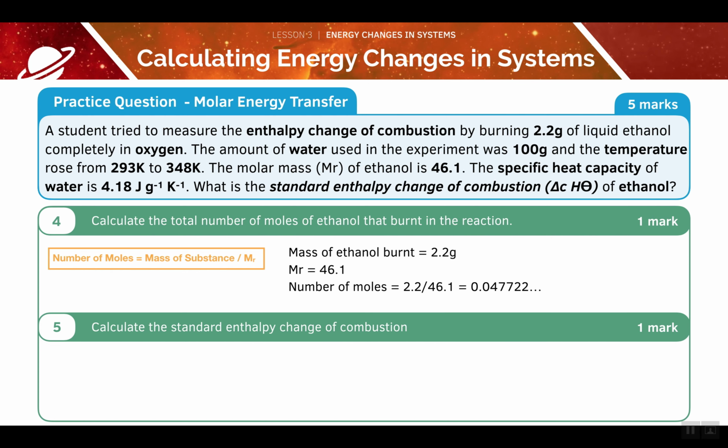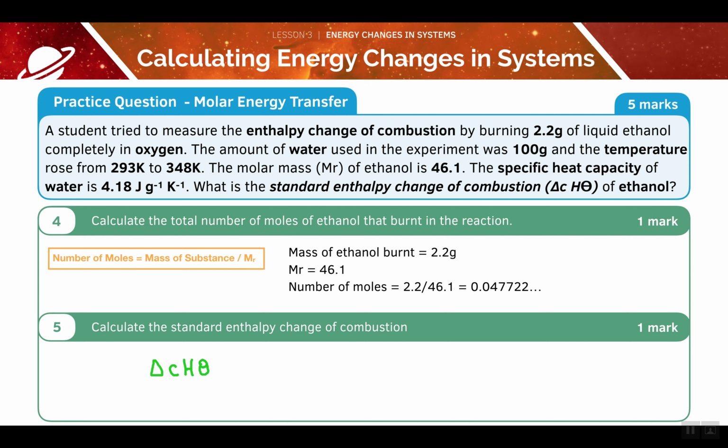Finally, we can calculate the standard enthalpy change of combustion by dividing the value of Q in kilojoules by the number of moles of ethanol burnt. So here, the standard enthalpy of combustion is represented like this.